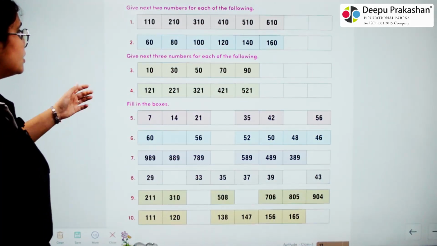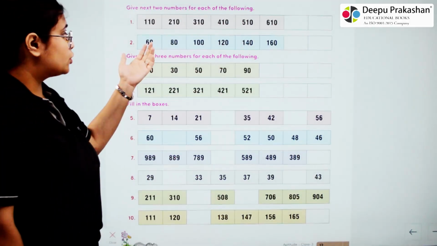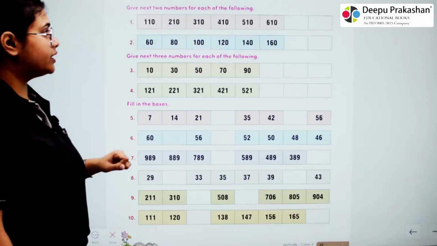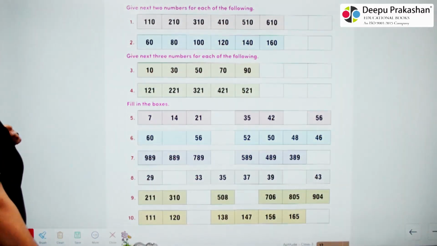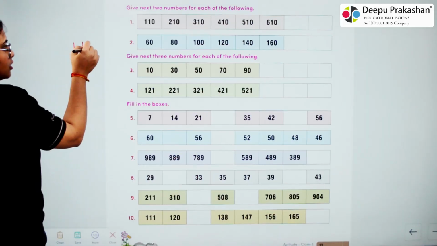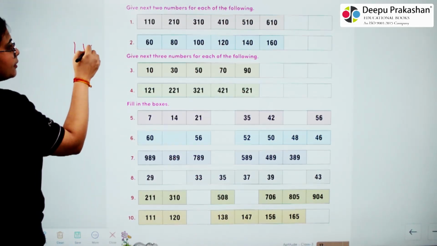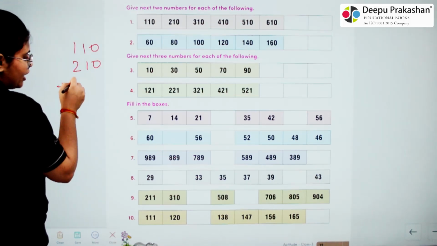Okay, let's start. First, we are given 110, 210, 310, 410, 510, 610. That means in the numbers we have an addition of 100.